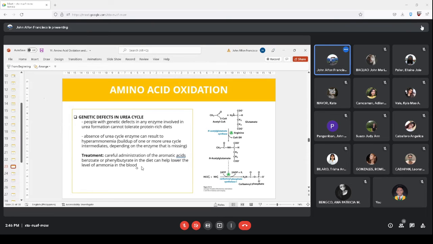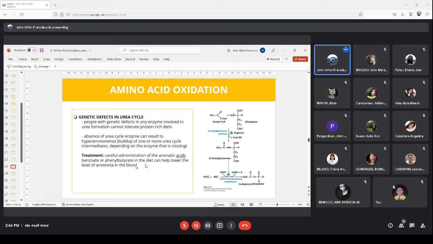Okay, so these are common diseases in our body when there are genetic defects. This is not common; this is genetic defects in the enzymes related to the urea cycle.